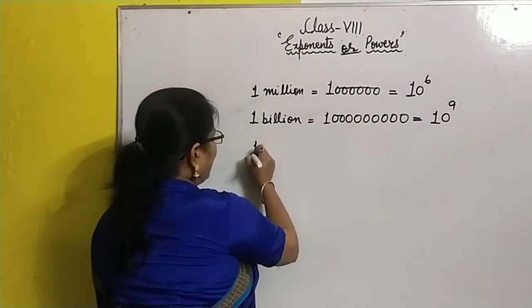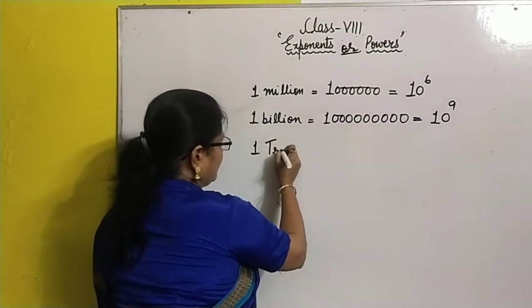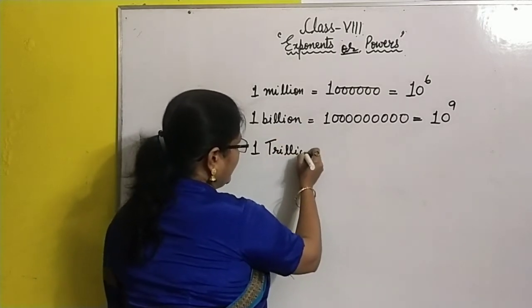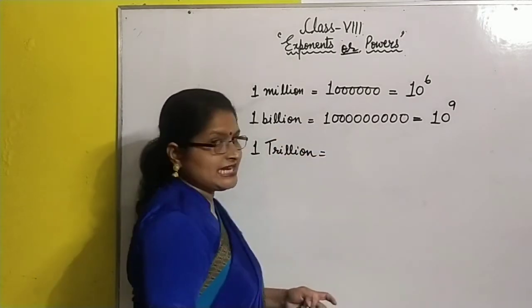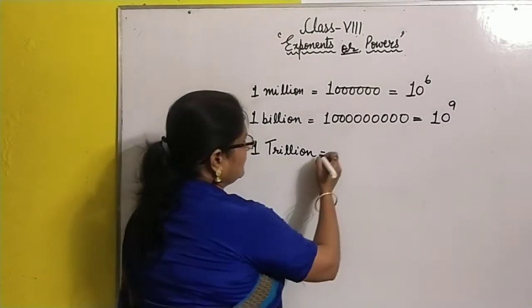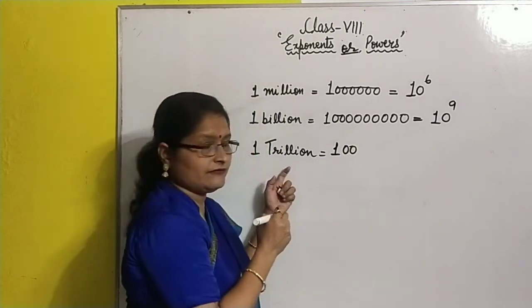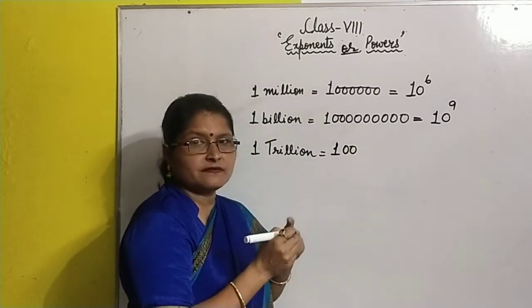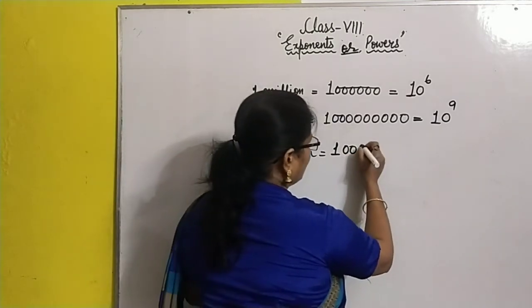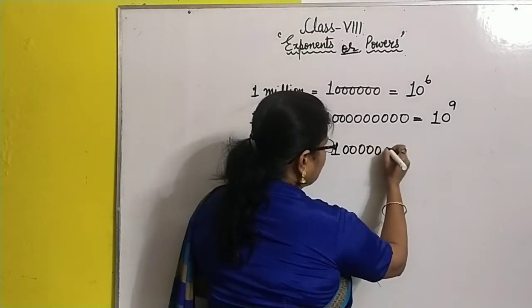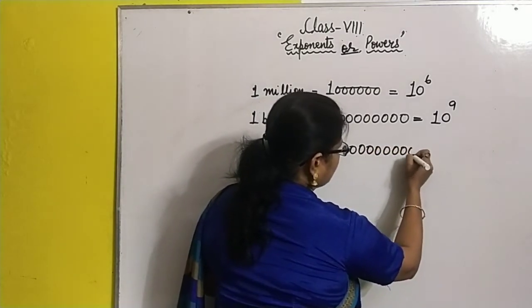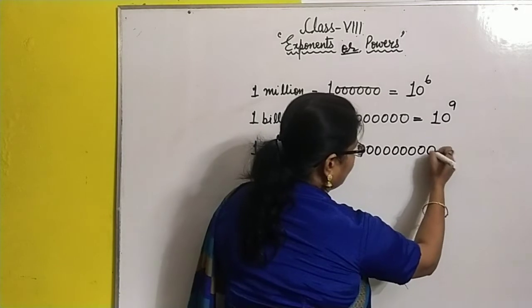Like that, if I am writing 1 trillion, it is very difficult to read in one go. There are 12 zeros with 1: 1, 2, 3, 4, 5, 6, 7, 8, 9, 10, 11, 12.